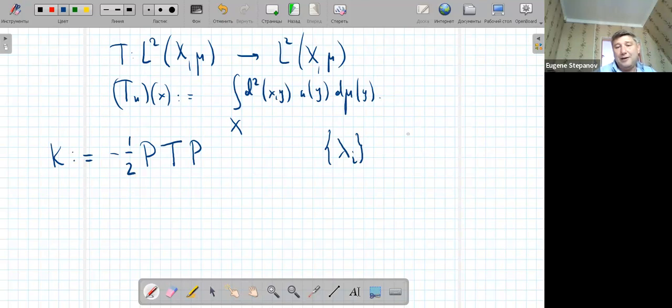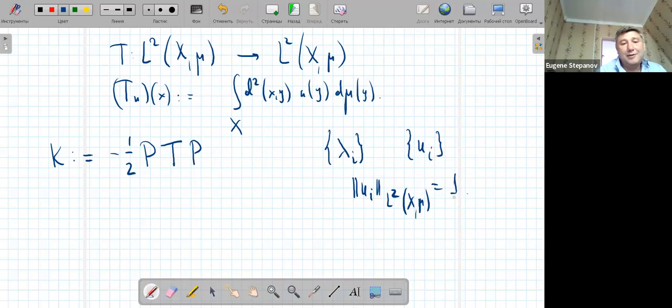For each eigenvalue you have an eigenfunction, so you can make this sequence of functions orthonormal. Let's say you take the norm of u_i in L2(X, mu) to be 1.